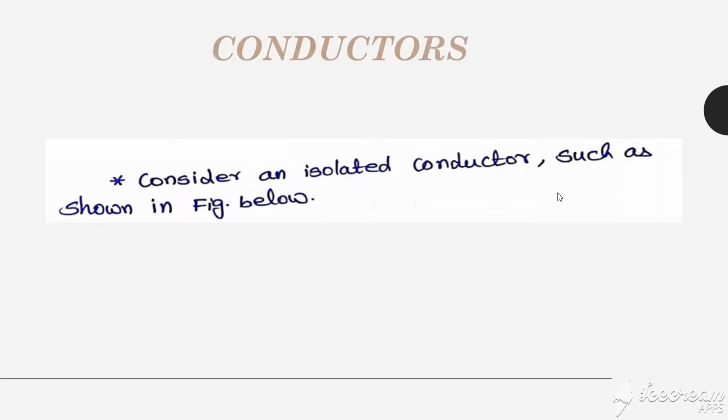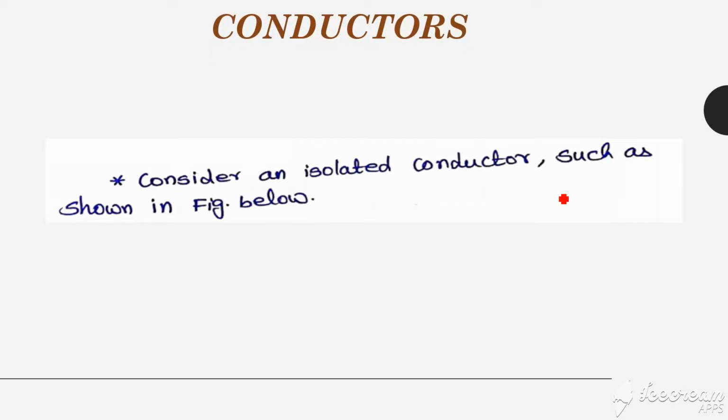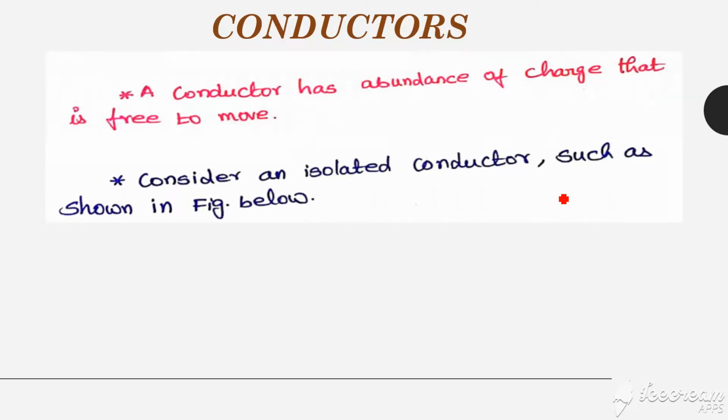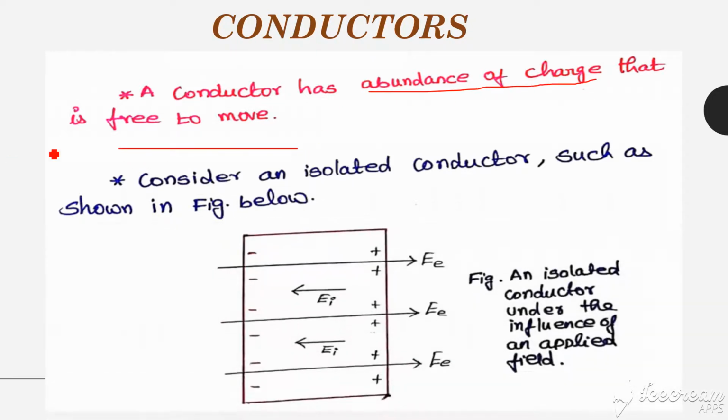Next one, conductor. Consider an isolated conductor as shown in the figure below. A conductor has abundant charge that is free to move. So in that figure we have one conductor. Here we are applying external electric field EE. Due to application of this external electric field, charge separation takes place at the boundary.